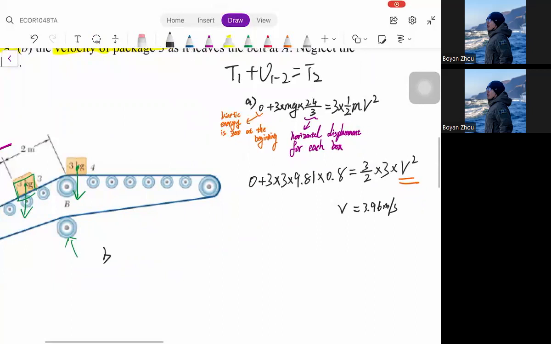And then let's calculate the second part.